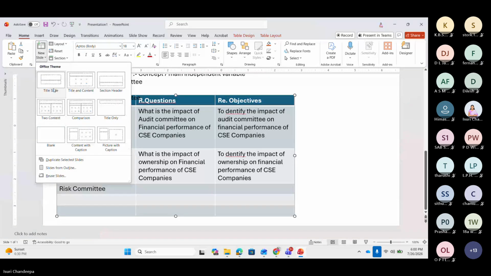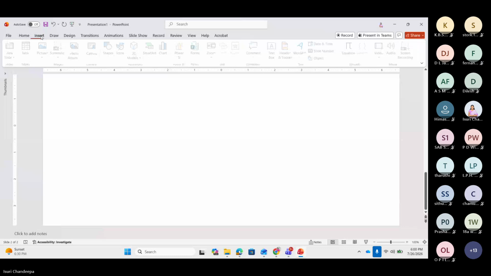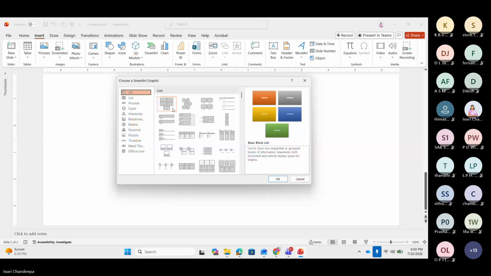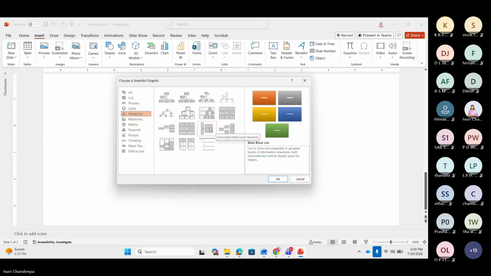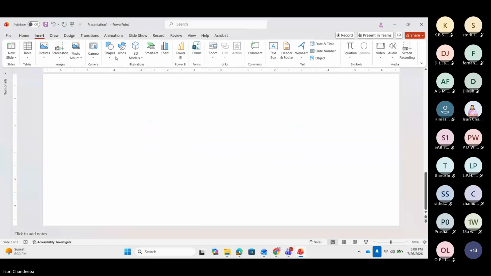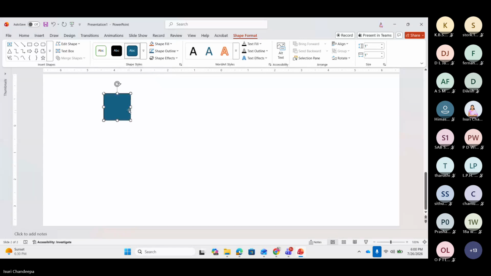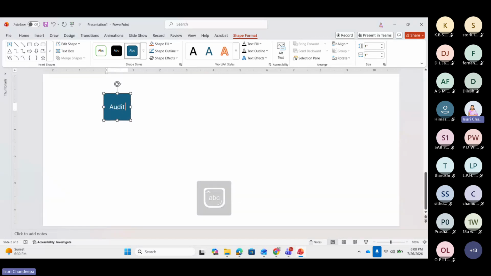Right, you can draw that conceptual framework. 3 variables. First one, audit committee.